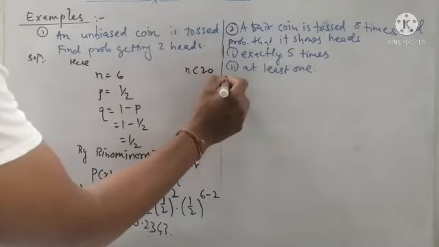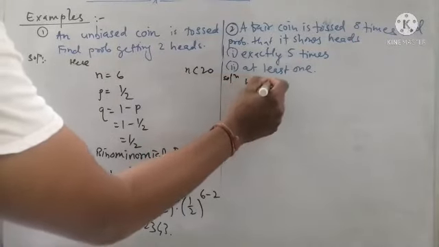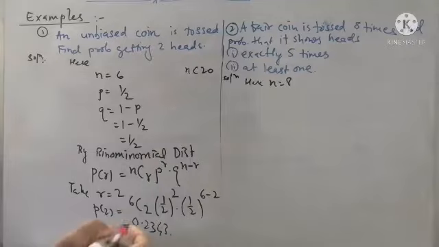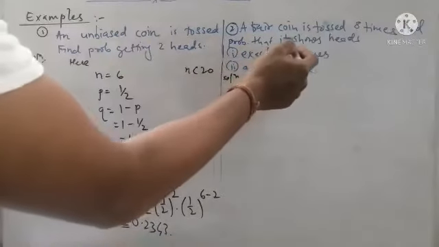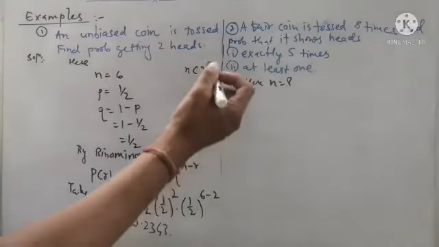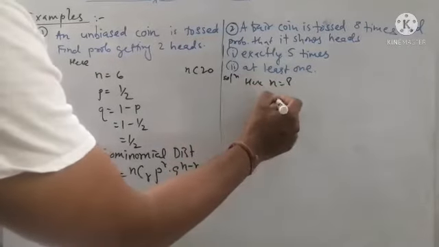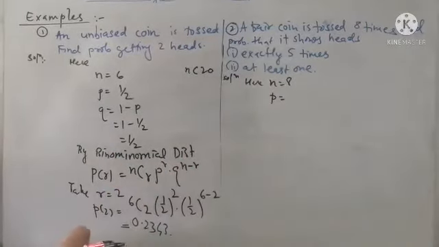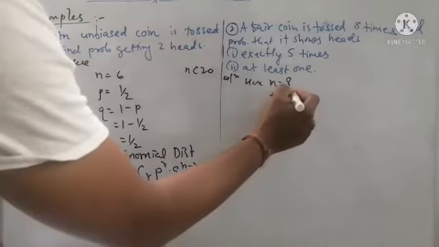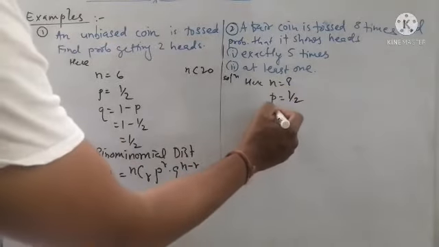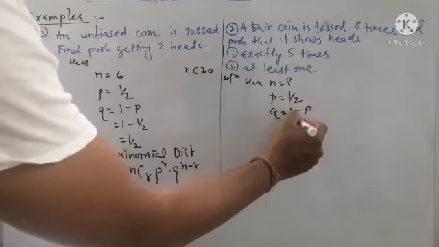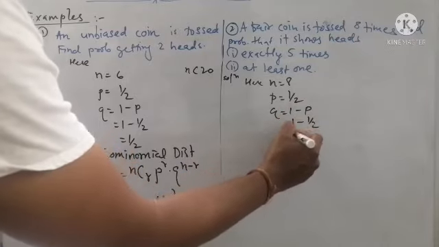A fair coin is tossed 8 times. That means in the solution here n is 8, and we have to find the probability that it shows the head. Getting a head is an event, so the probability of success p is getting a head. As we know, the probability of getting a head is half, so we find q as 1 minus p, again 1 minus half is equal to half.